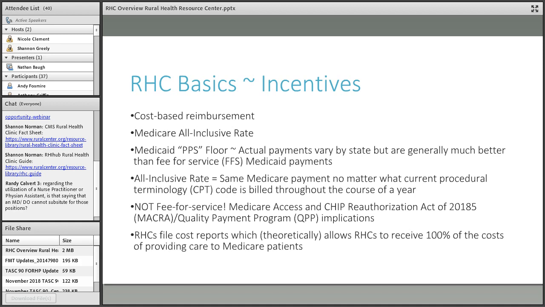That's not the case for rural health clinics. So there are those two big incentives, right? You get this Medicare all-inclusive rate, and then you get this Medicaid payment. Again, it varies state by state, but it's generally going to be a lot better than your fee-for-service payments.